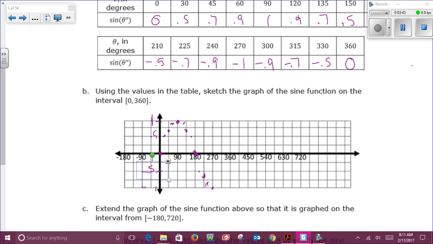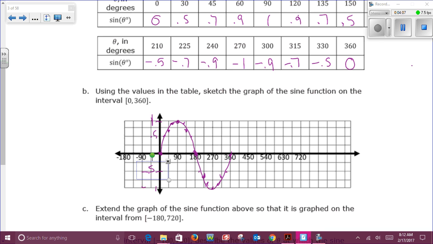And then I'm at -1. Negative 0.9, about halfway in between. On the line, 0.7. Halfway in between, I'm on the line again. And then I'm at 360. So if I graph this, that's what it should look like.